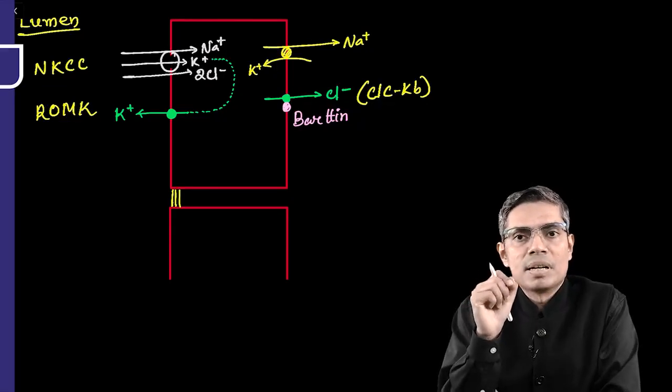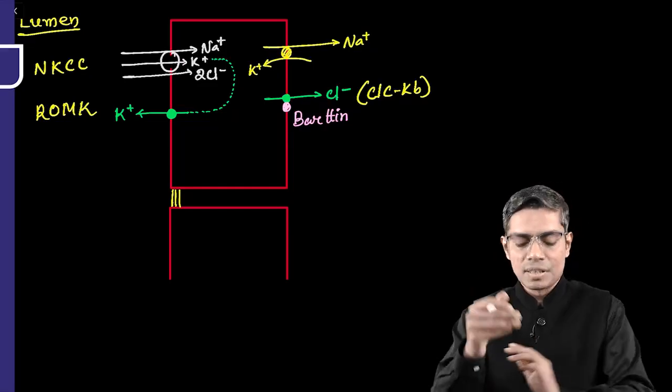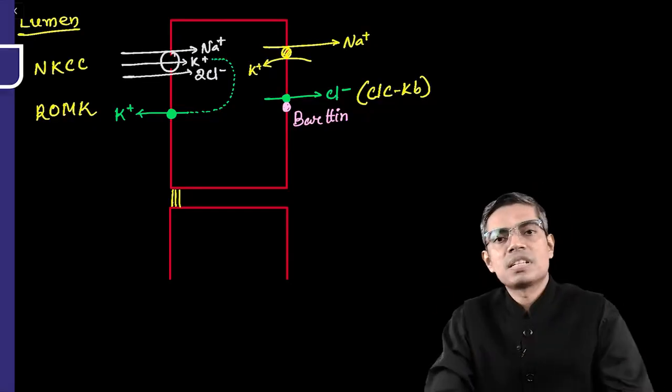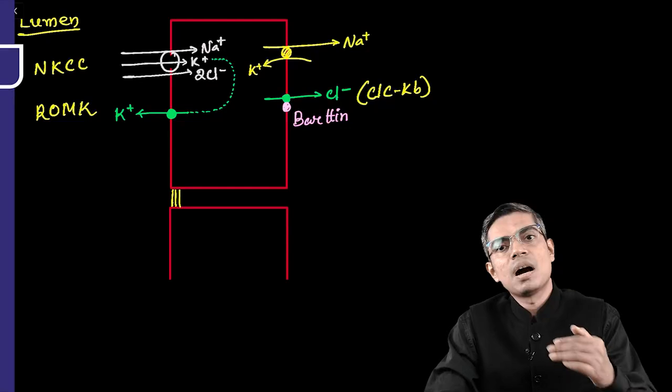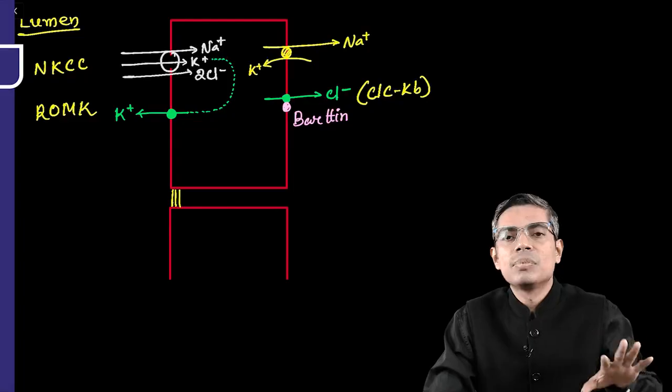This channel was first discovered in the outer segment of the medulla, that's why it is known as the renal outer medullary potassium channel. So the potassium is diffusing back into the lumen once again.